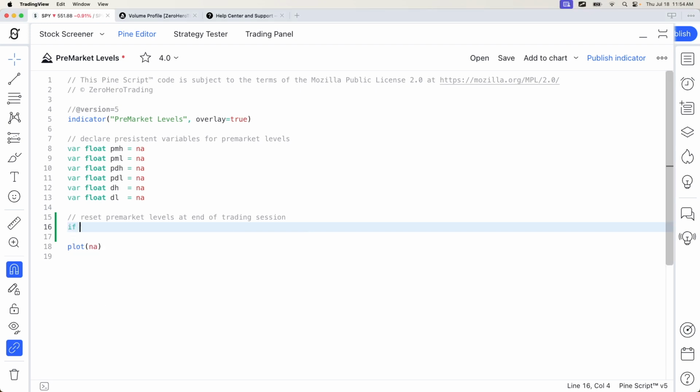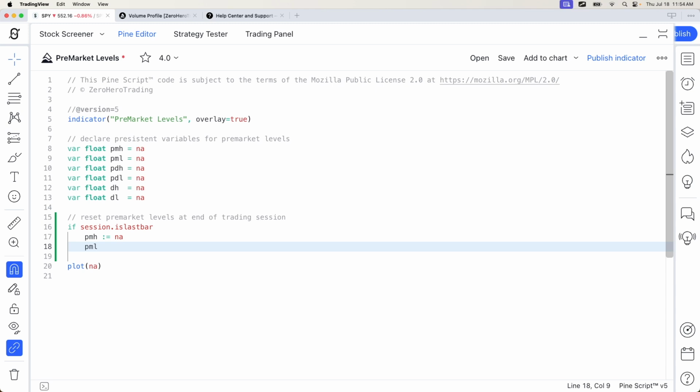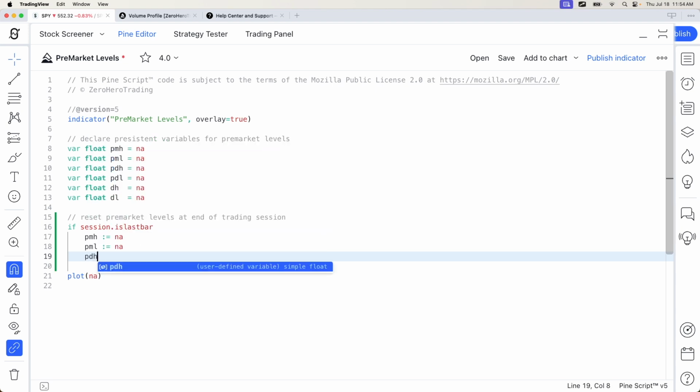So if session.islastbar, end of trading session, our PMH should be reset to null, na. Our PML should be reset to null as well. Our previous day high should not be reset to null, but set to the day high, so DH.